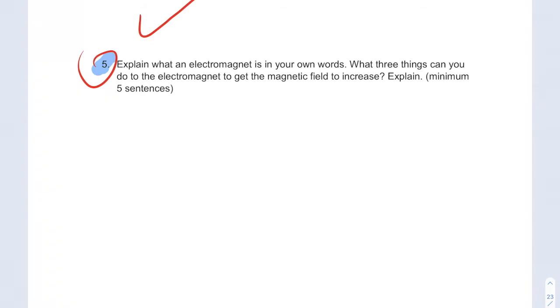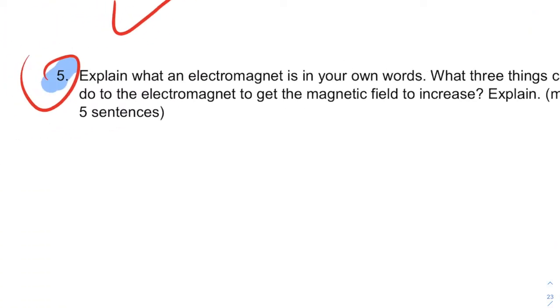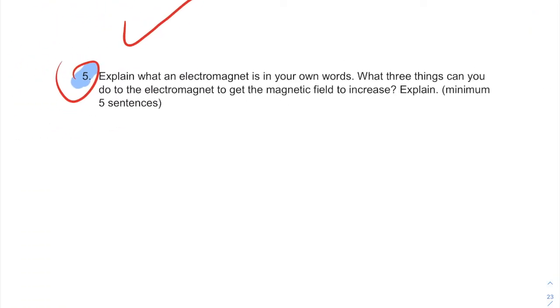I also want to go over this question about an electromagnet. Explain what an electromagnet is in your own words, and what 3 things can you do to the electromagnet to get the magnetic field strength to increase. So an electromagnet usually has a core that's made of iron.